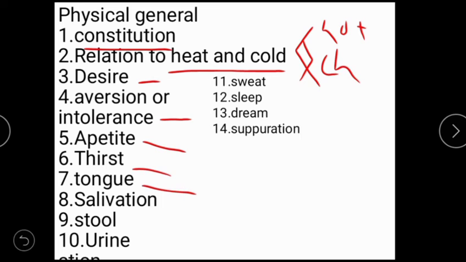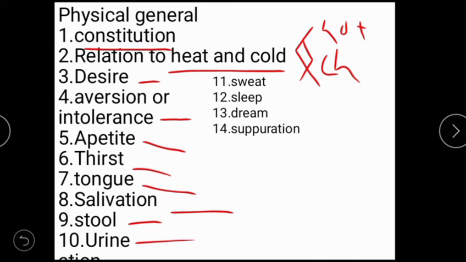Then salivation, is it profuse salivation at night or profuse salivation during the day? That type of thing we discuss. Then stool, is it a constipated person or a diarrhea patient? How is the stool, thick or thin? Then urine, profuse urine, frequent urine, is there a burning sensation when urine passes?